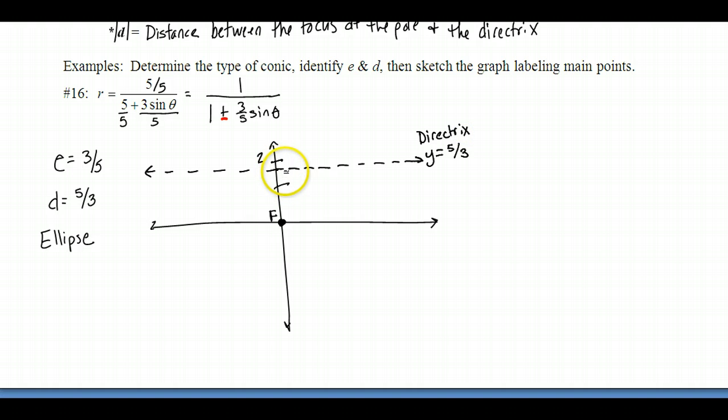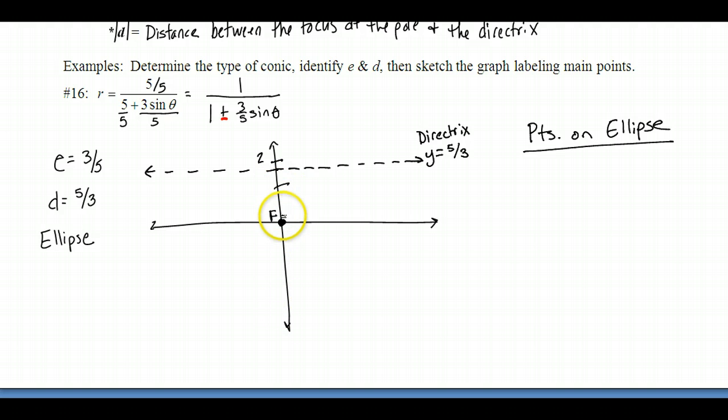Now remember, when we sketch an ellipse, if our directrix is going to be horizontal, our ellipse is going to be vertical. They're always going to be perpendicular to each other. Well, what we want to do is find specific points on the ellipse. I know that I have to have a vertex point going up and a vertex point going down.